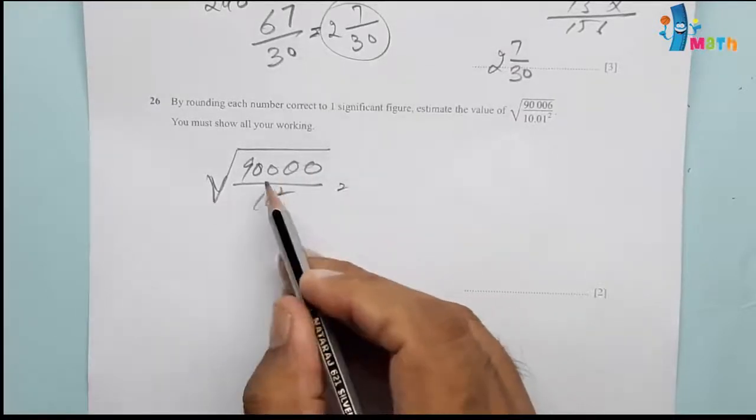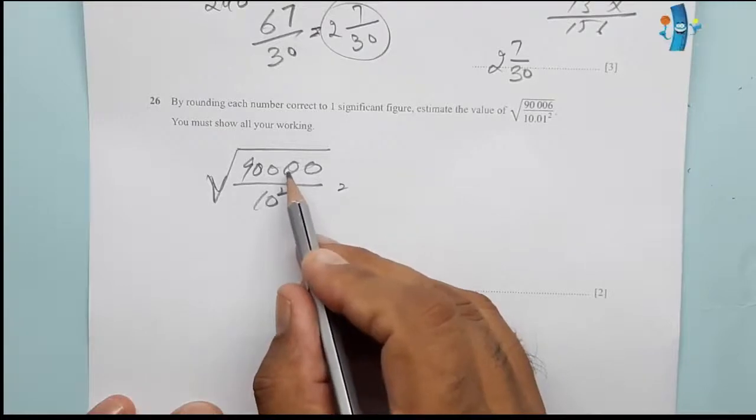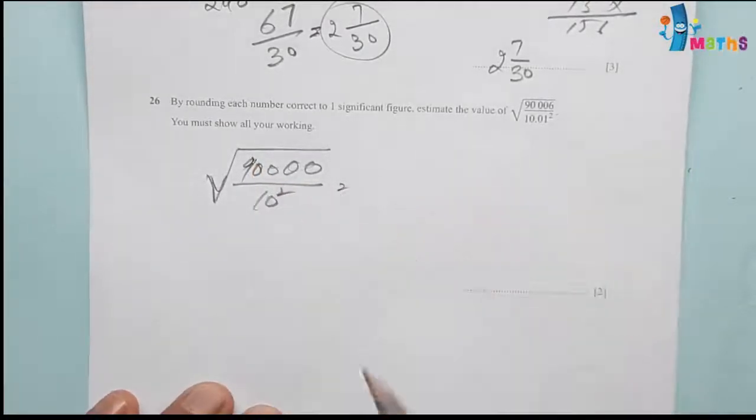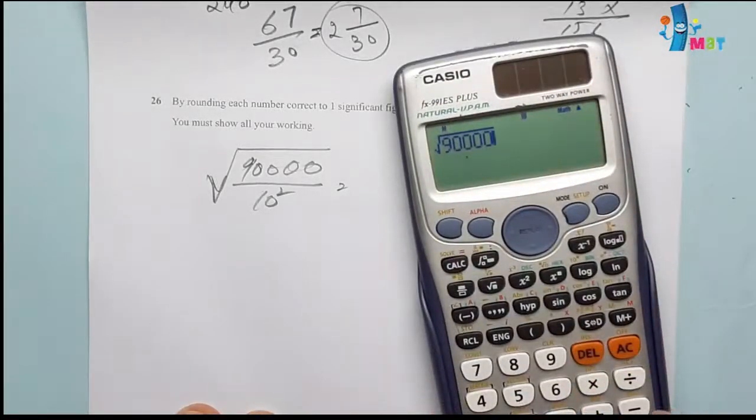So what we can do, we can write this one as the square root of 90000, and we can show the working also.